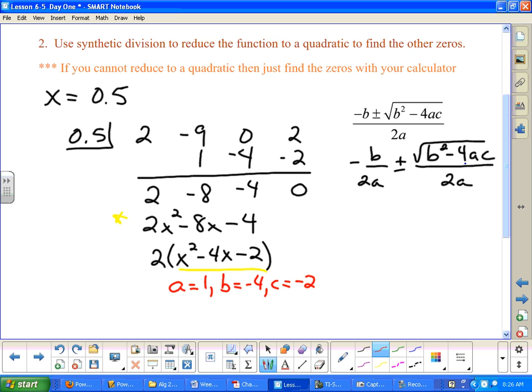Make sure you identify what A, B, and C are so that you put them in the right spots. Because this quadratic formula tells me when ax squared plus bx plus c equals 0. And we start plugging in the numbers.